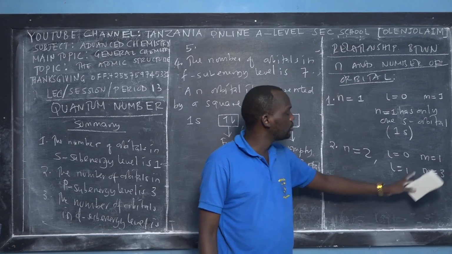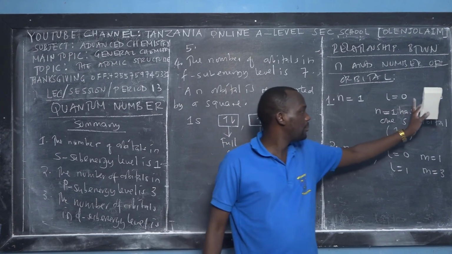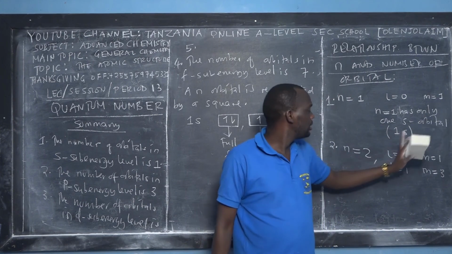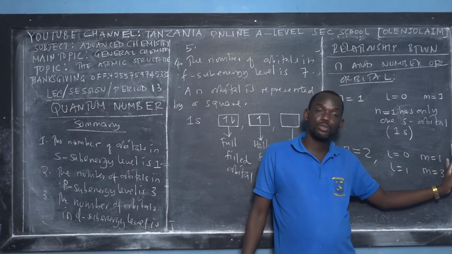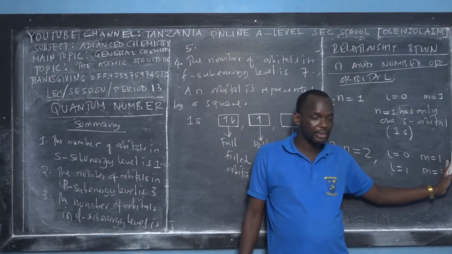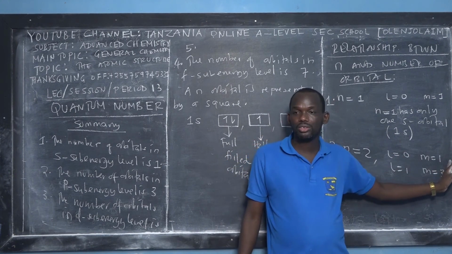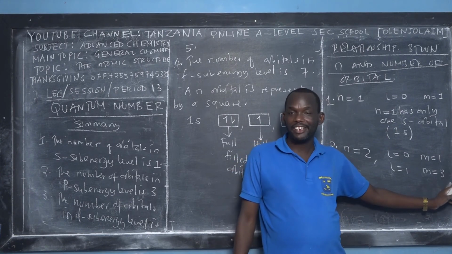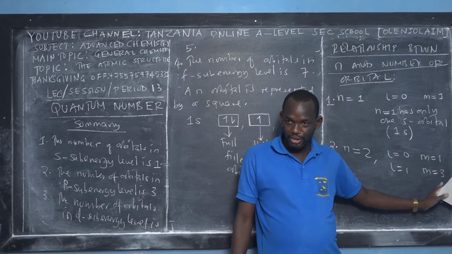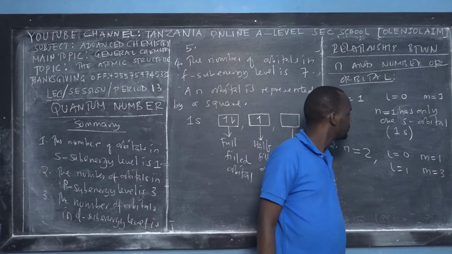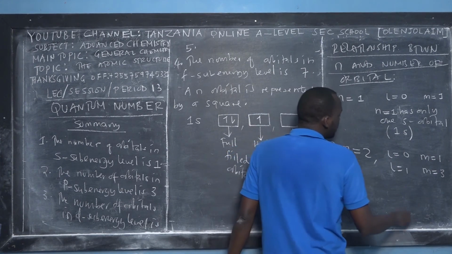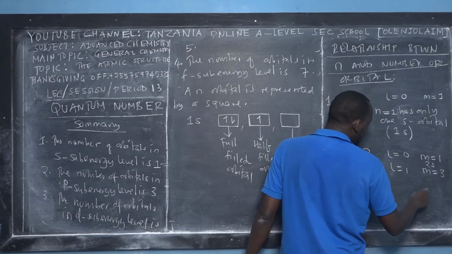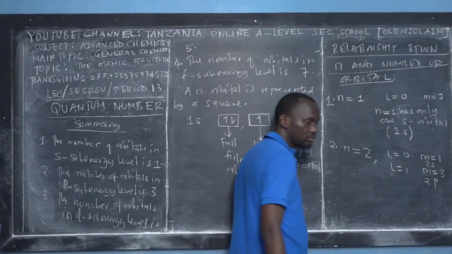Be careful. m is equal to 1 contains only one orbital, which is s orbital, but now we'll call it 2s orbital. m is equal to 3 means that these are the 3 orbitals, and these are 2p orbitals.